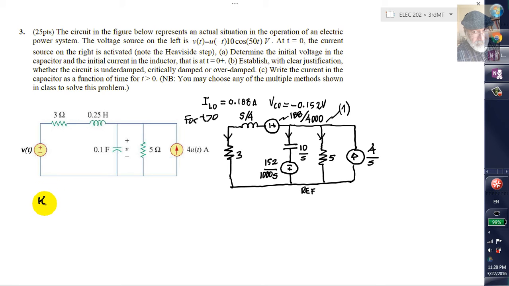And we proceed. KCL, currents going in, only one, 4 over S. Currents leaving node 1, there are 3 currents.